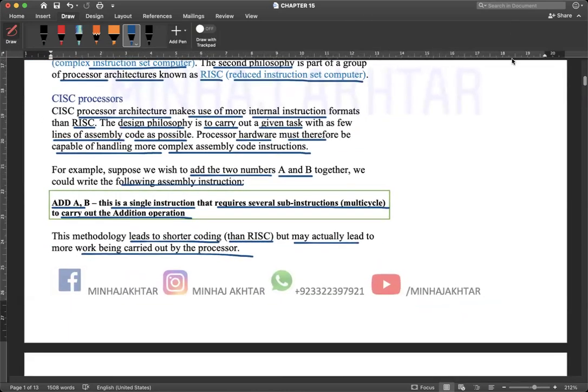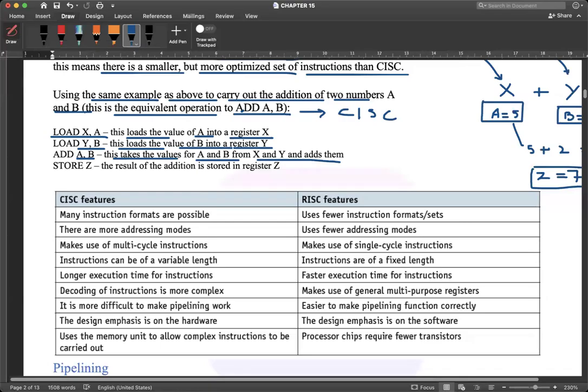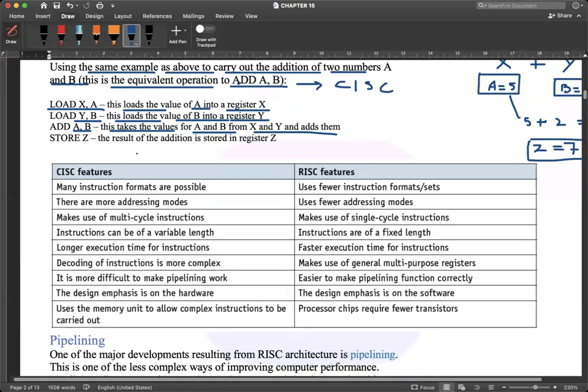Okay. Let's see. So we have some features of CISC and RISC. Number one, many instruction formats are possible. Yes, we know CISC deals with complex programming or assembly code, so it can deal with many formats. Number two, there are more addressing modes. If they are using assembly code, the complex code, definitely they have more addressing modes.